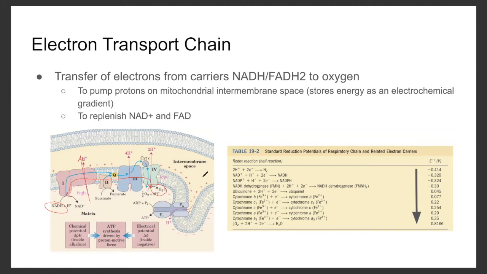Lastly, that gradient will flow back down to the matrix, and that is taken advantage of by the ATP synthase, because that downward flow will power the production of ATP from ADP. So that's an introduction to that process. Hopefully you remember something about that. The whole point of these NADH and FADH2 is to bring electrons to oxygen and to pump protons, and the pumping of protons, again, is to form ATP.